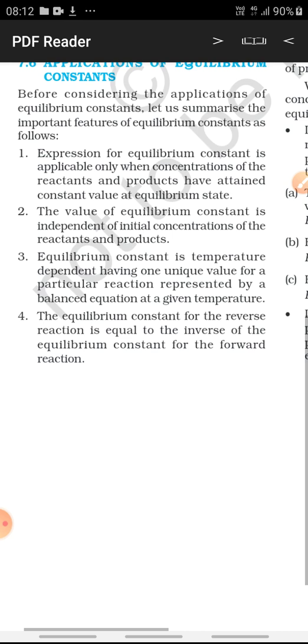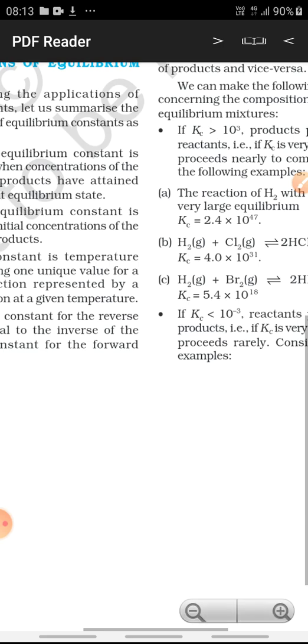Different reactions have different values of Kc, but at a particular temperature it is a particular value, and for the same reaction the value of Kc changes when the temperature changes. Next, the equilibrium constant for the reverse reaction is equal to the inverse of the equilibrium constant for the forward reaction. This I have already told you.